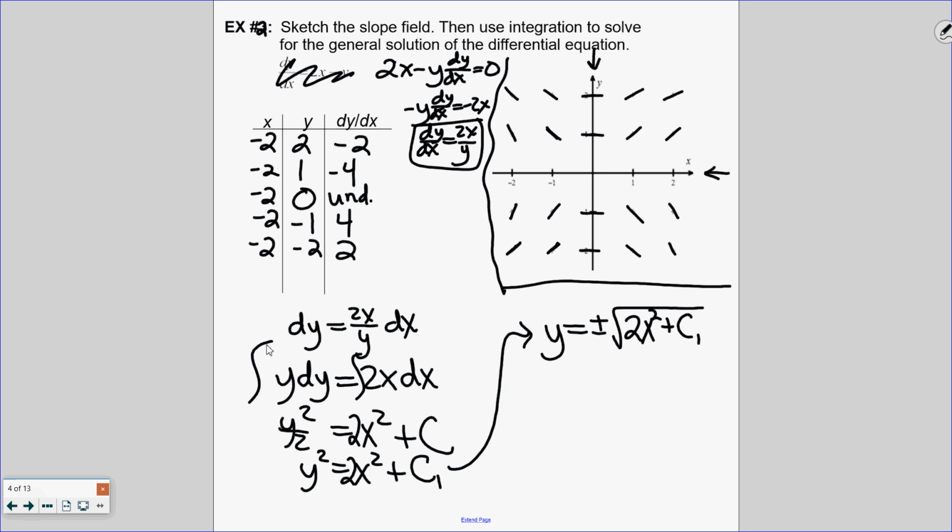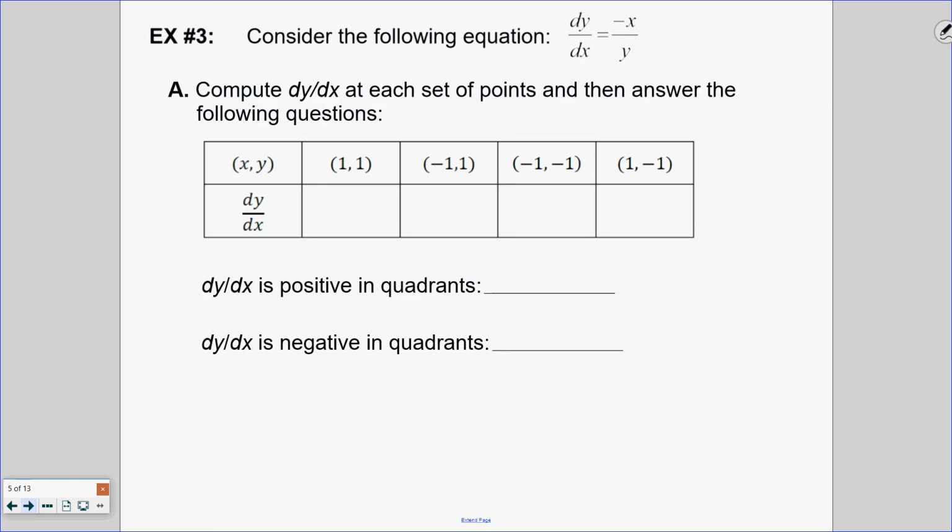All right. So let's go to the next question. So here we have dy/dx equals minus x over y. We're going to find dy/dx for the various sets of points that are listed here and then talk about what's going on. So all of these are in 4 different quadrants. So if we pick (1, 1), and remember we're plugging into this, so we simply plug in (1, 1).